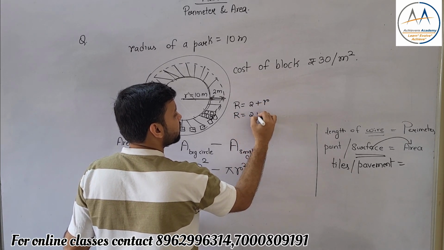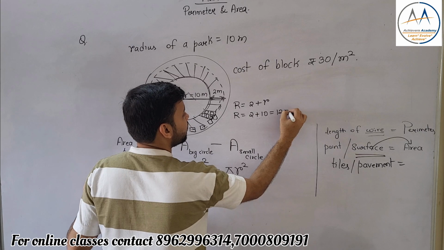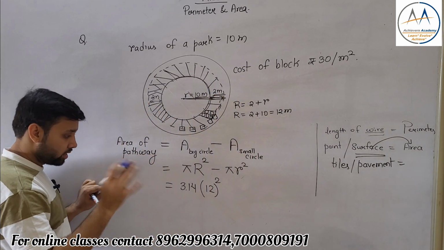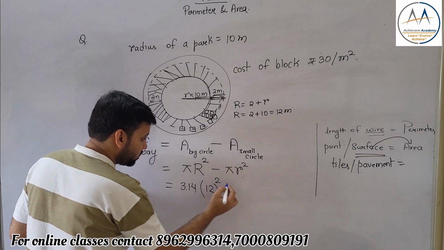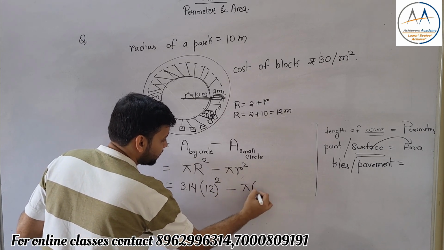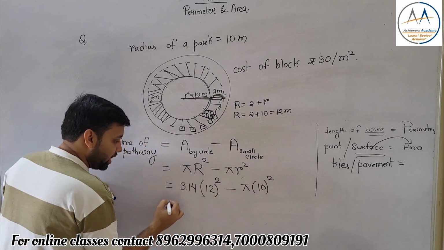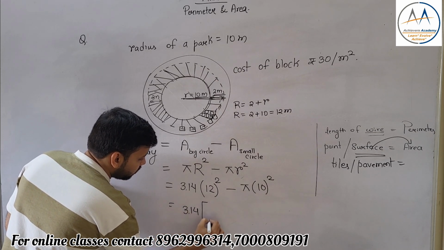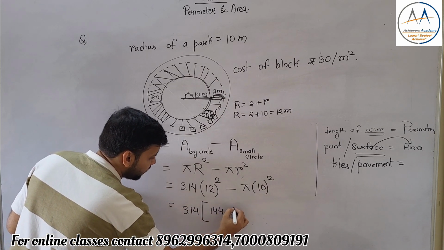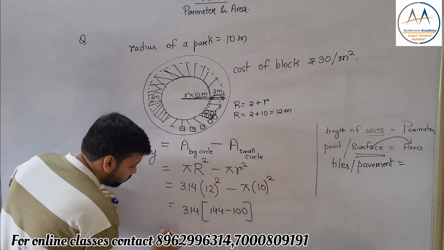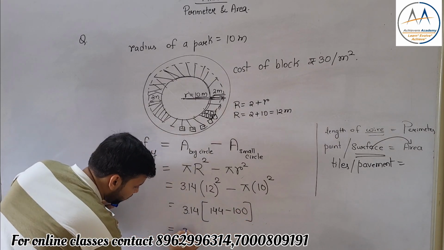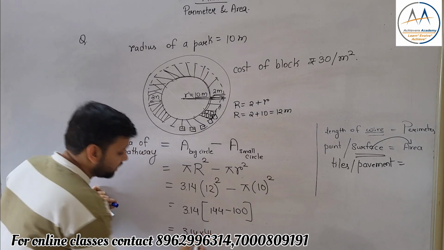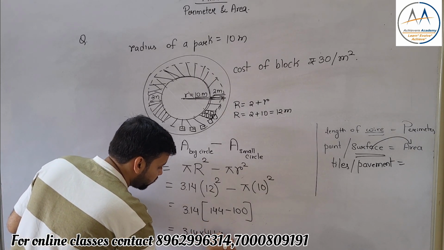So the radius of bigger circle will be 12 meter. Need to be very careful that here and here the unit should be same. Okay, so again pi, this will be 10 square. You can take pi as common, so 3.14 is common, 12 square is 144, 10 square is 100, 44 only left, 3.14 multiplied by 44. You can get the answer in meter square.